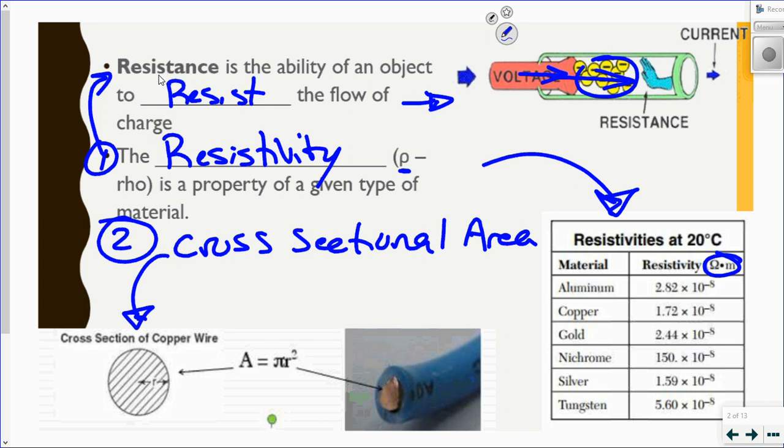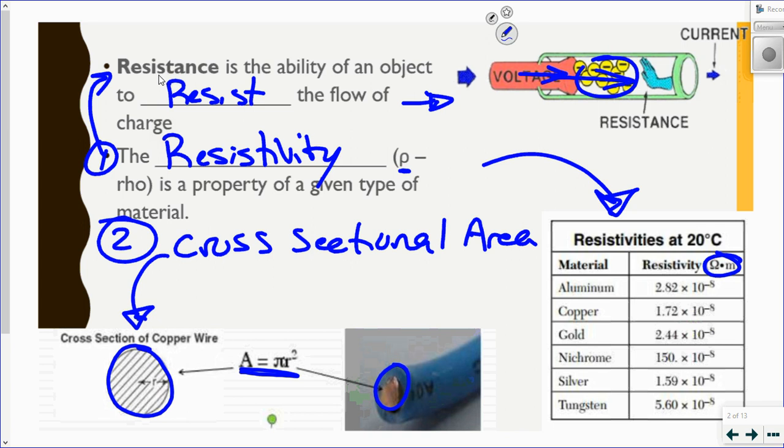Each wire, every substance, has a width or an area. If you take a slice of that, that's what's popping out here, and that slice, looking at it from the front on, is an area of a circle. So if you want to figure out the cross-sectional area of something, you can just use the equation for finding the area of a circle.